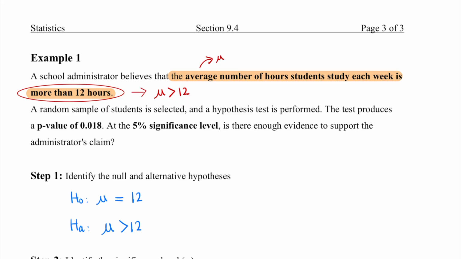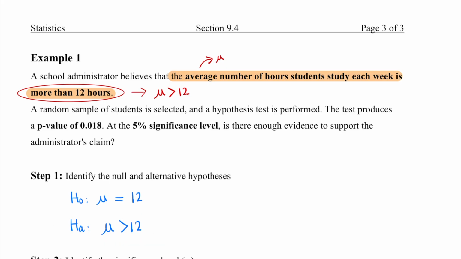The null hypothesis says the average number of hours students study each week is 12. My alternative hypothesis states the average number of hours students study each week is greater than 12. So the original claim is my HA. Do I support this claim?